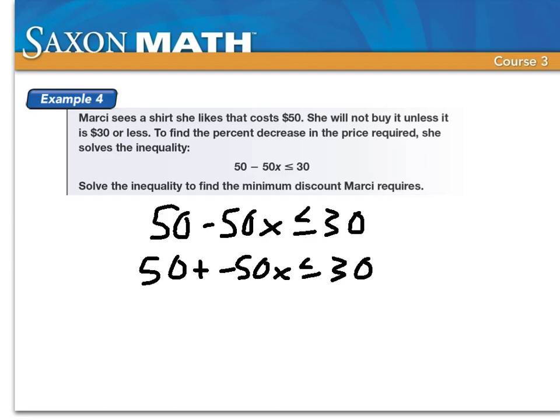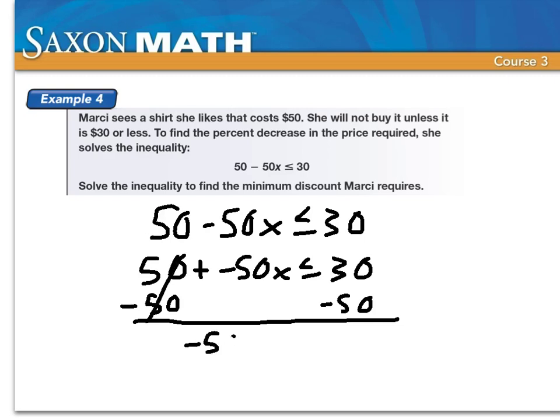I need to get my x's all by themselves, so I have to cancel out this 50, and it's a positive 50, so I'm going to subtract the 50 from both sides and get negative 50x is less than or equal to 30 plus negative 50 is negative 20.